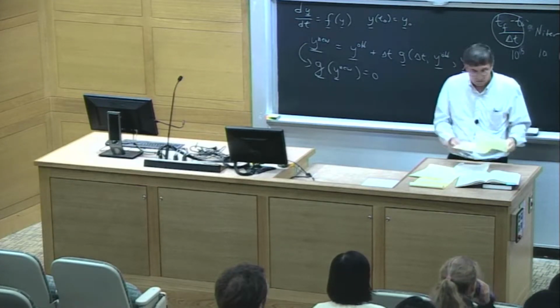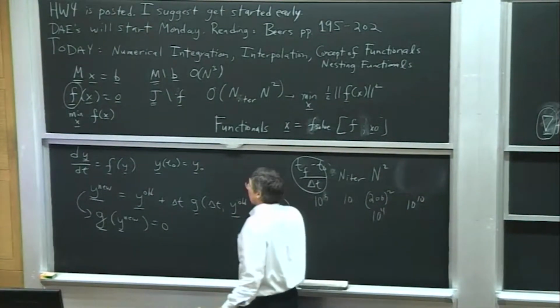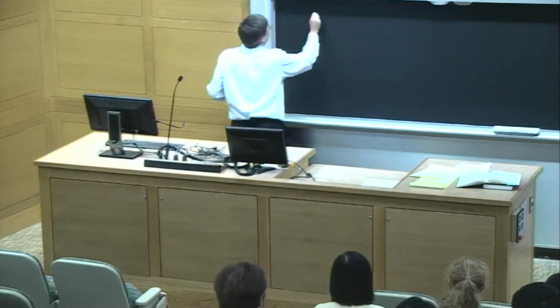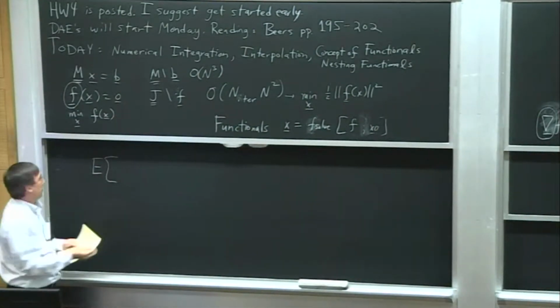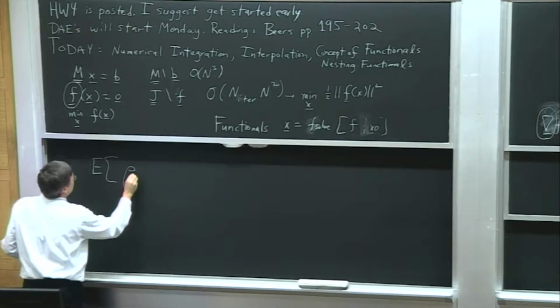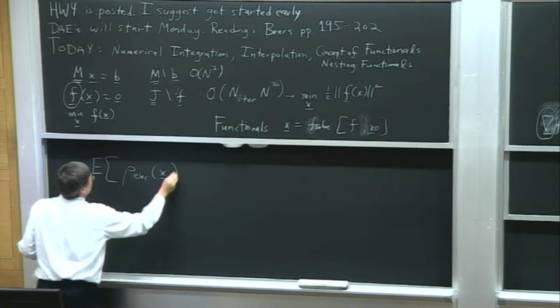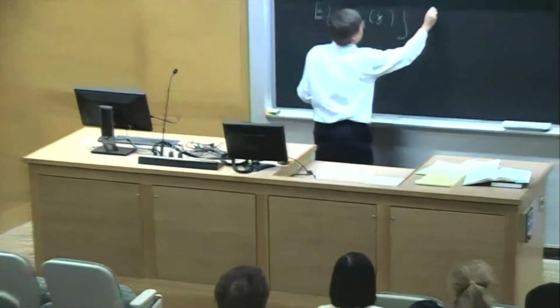All right. I would comment that one kind of functional that's particularly important to a lot of people in your research is the fact that the energy of any molecule is a functional of the electron density. And this is the basis of what's called density functional theory.